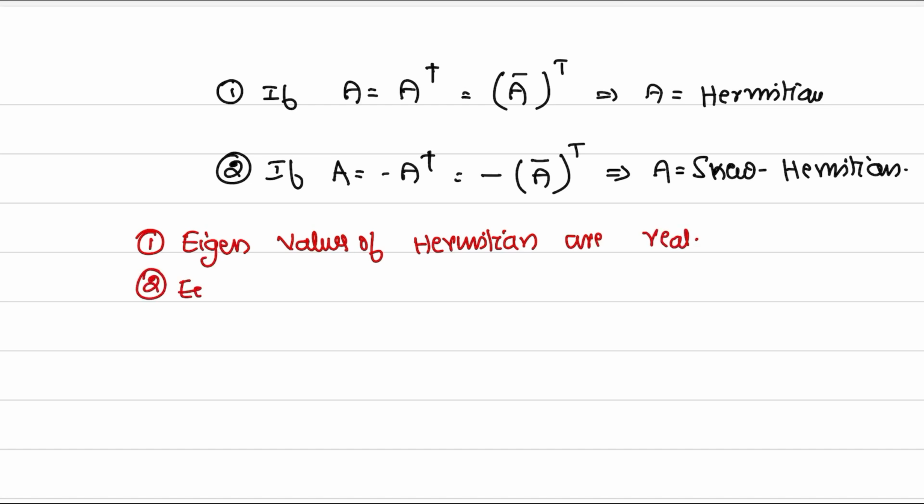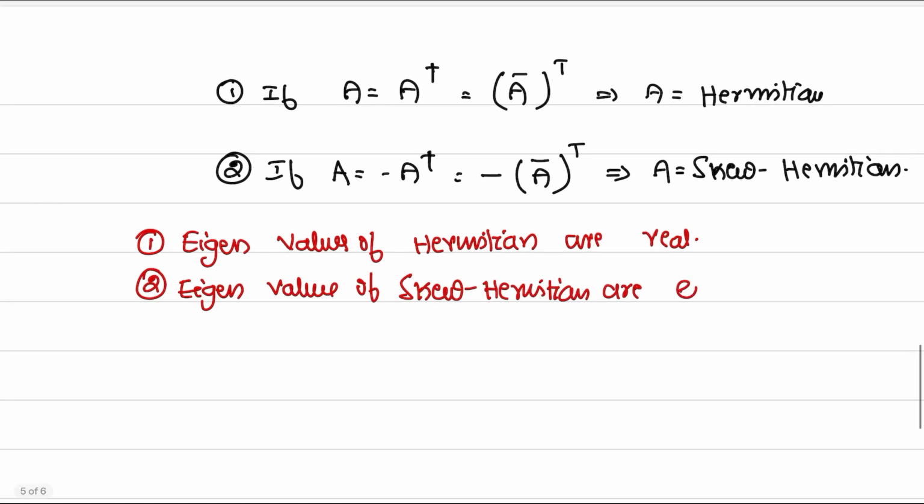Second, eigenvalues of a skew-Hermitian matrix are either purely imaginary or 0.